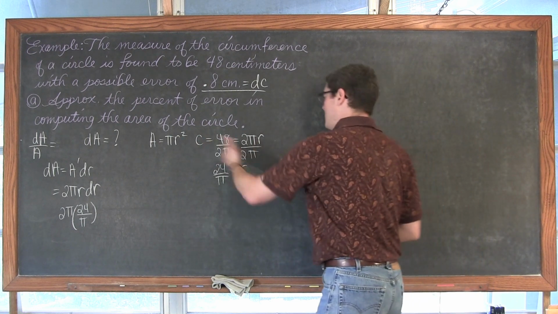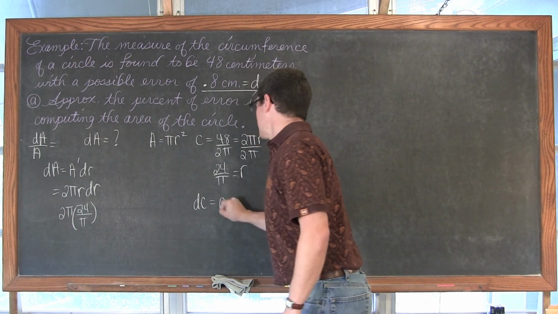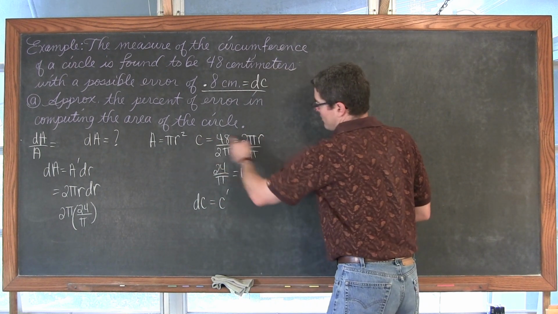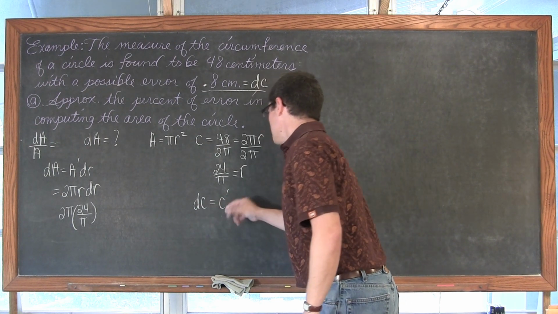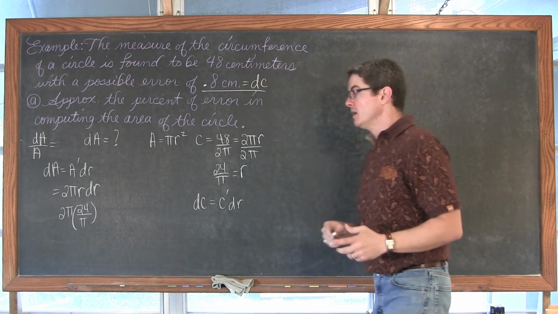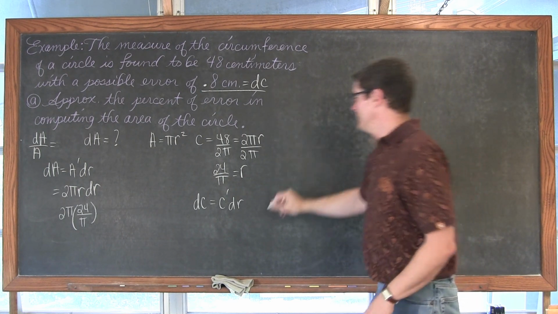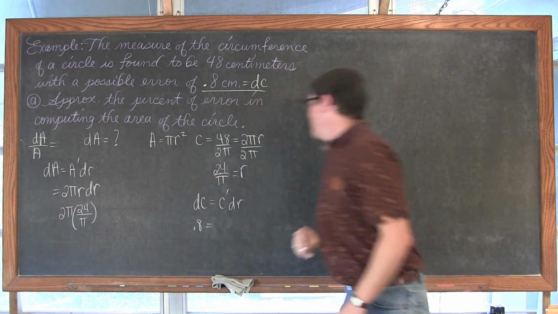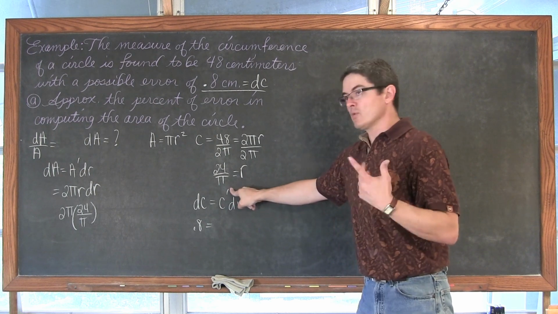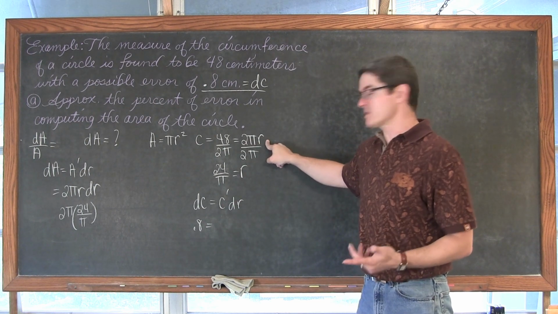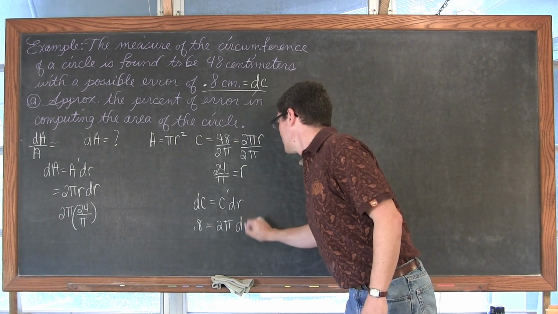It means I need to come back up here and go, okay, well, I have C equals 2 pi r, and since this formula has an independent variable of r, it's going to be dC equals C prime dr. Well, dC, we're given that. It's 0.8, equals C prime, the derivative of the formula for circumference. Well, the derivative of 2 pi r is going to be 2 pi, and all that's left is dr.